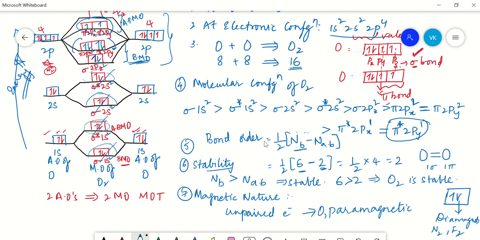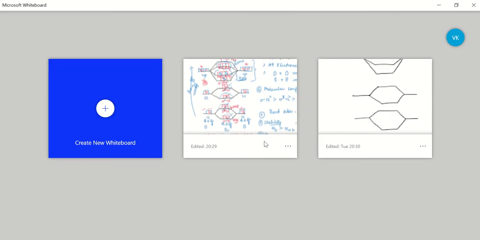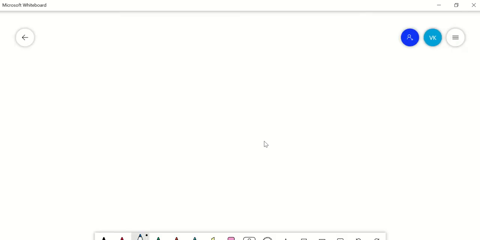But oxygen here is paramagnetic in nature. So when you are going to write about your oxygen, you need to write about all these points. Very important, right? Then we'll see about your fluorine.